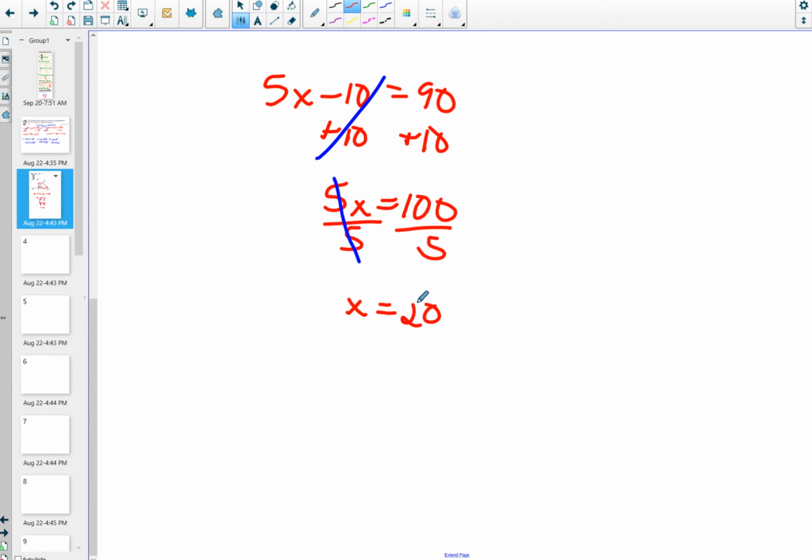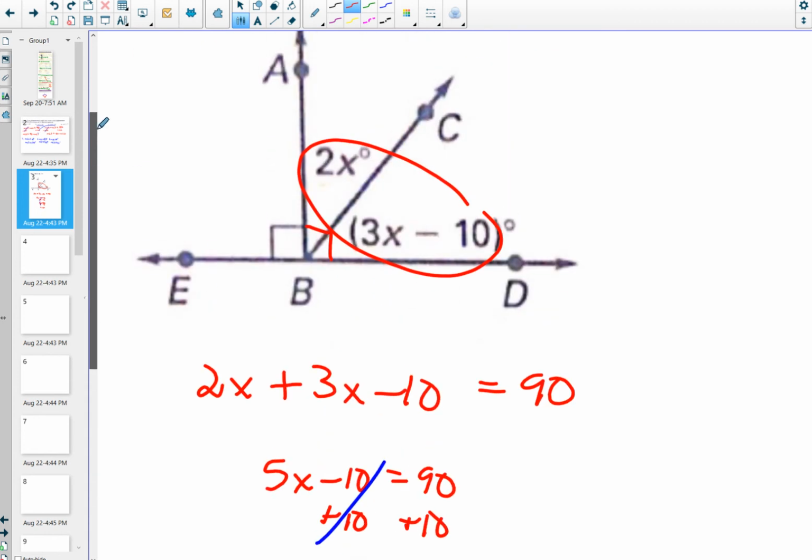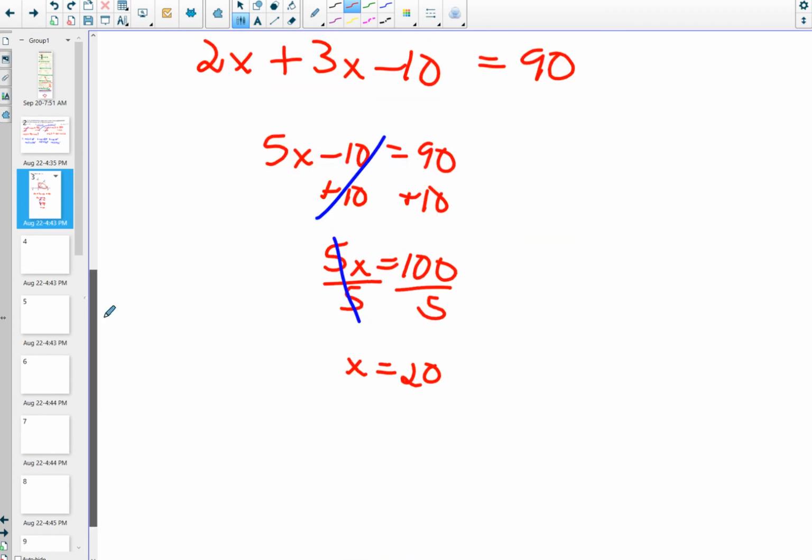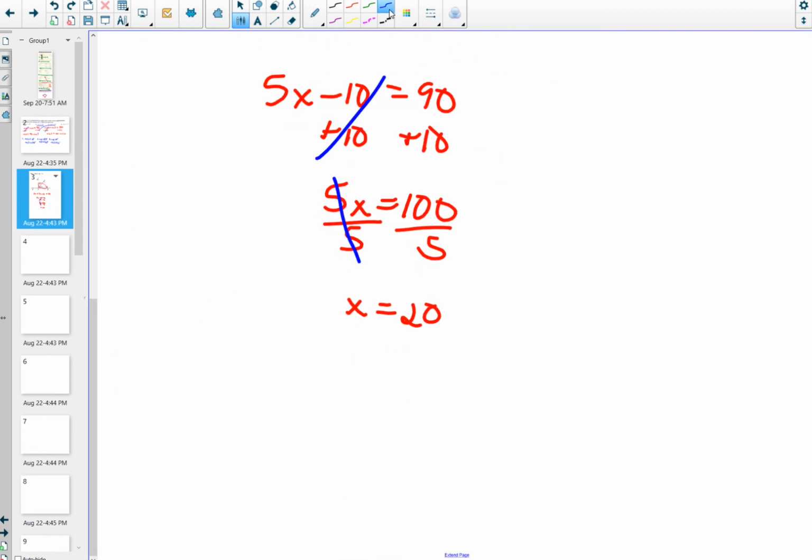And you're like, yes, success, I am done. Well, if they had only asked for x, then we'd be done. But they didn't. They asked for the measures of angles ABC and CBD. Since ABC was the 2x, before I didn't know what x is, but now I know.